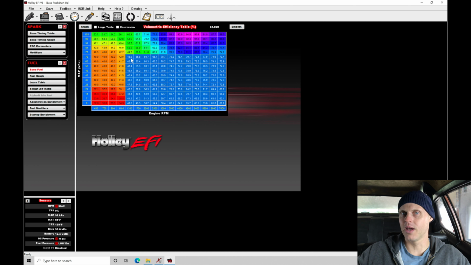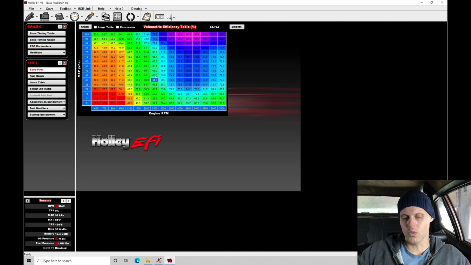I'm not going to do that because it simplifies the process. We have fewer cell points and fewer data points to hit. If you expand it out to the large table, there are more data points to hit. That doesn't really give us any huge advantages in actual calibration and tuning. So for right now, I'm going to leave it on this smaller, lower resolution table and populate everything as needed. So that's one thing I wanted to mention.